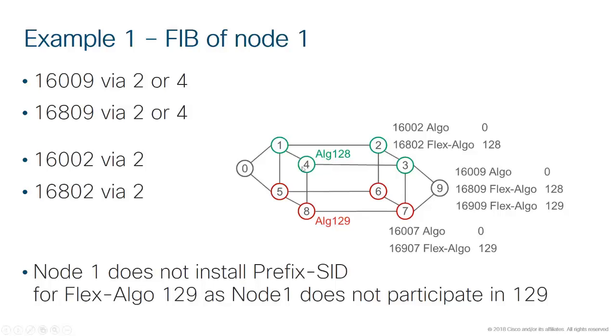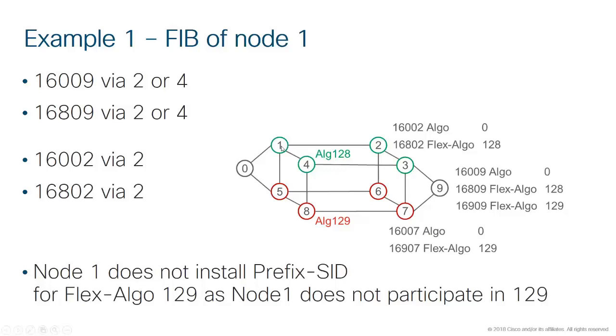The point that I want to underline here is that 16,909 is not present in the forwarding table of 1. Why? 16,909 is a prefix-SID of algorithm 129. Algorithm 129 is not enabled on node 1. So node 1 does not compute that algorithm.